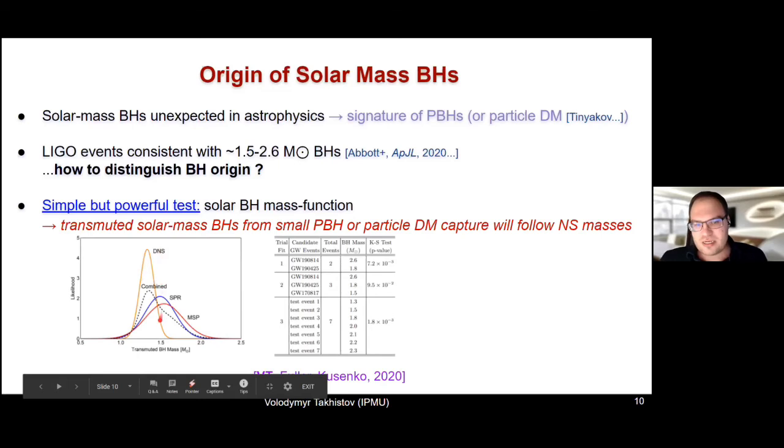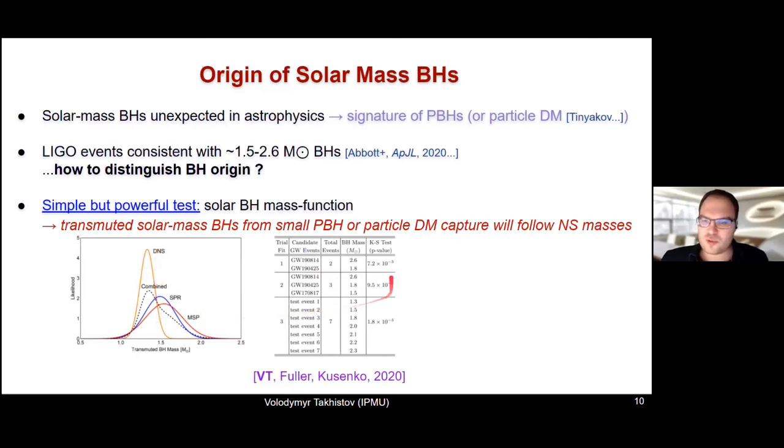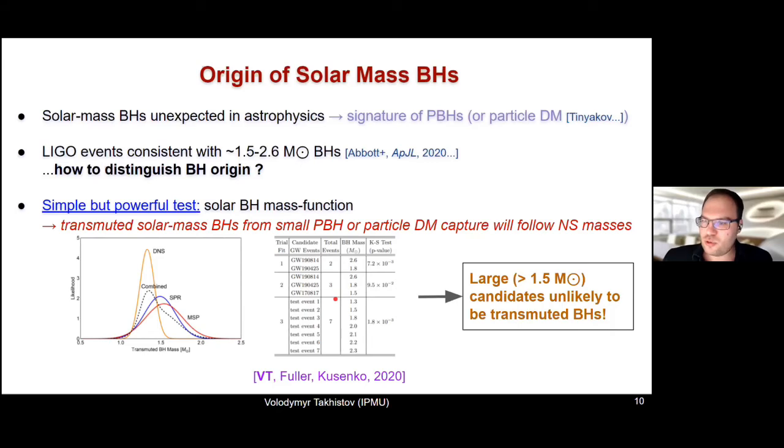Because neutron stars do not have just a single peak distribution, but actually have some spectrum. So you can take your candidate event black holes and compare with the neutron star mass spectrum. And just even with stellar events, you can already make some very interesting conclusions, such that large candidates are probably not coming from either small PBHs or particle dark matter interacting with neutron stars.